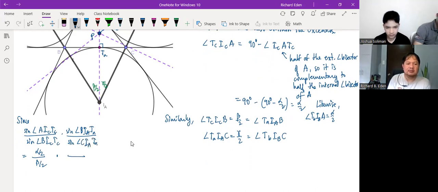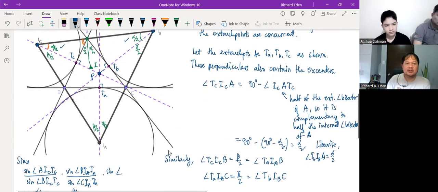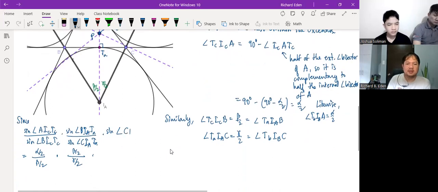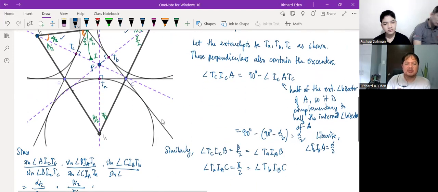Ito naman beta over 2 over gamma over 2 times sine of dito naman starting with C to IB and then TB over sine of AIBTB.